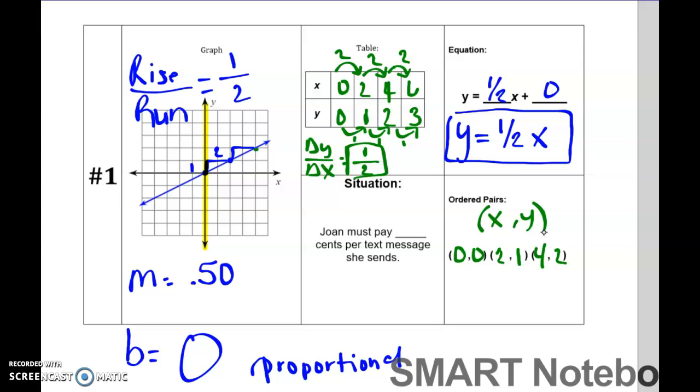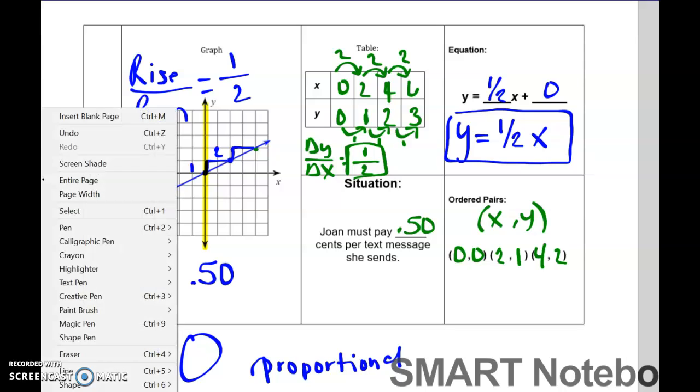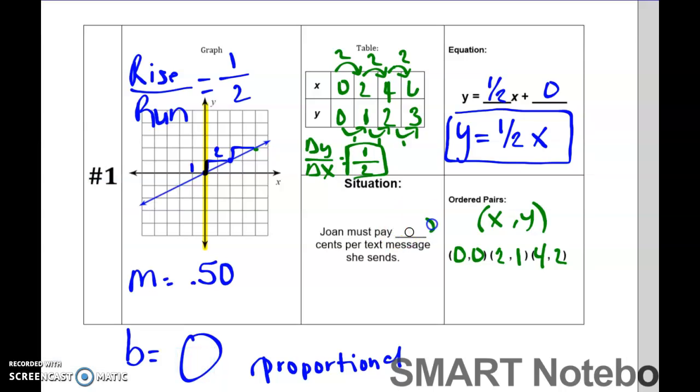So here it says Joan must pay, we can put that in words. So Joan must pay 50 cents, right? So she must pay 50 cents per text message. But in a word situation, I'm not going to put 0.5. So I'm going to erase that really quick.